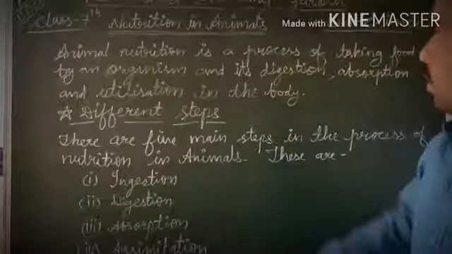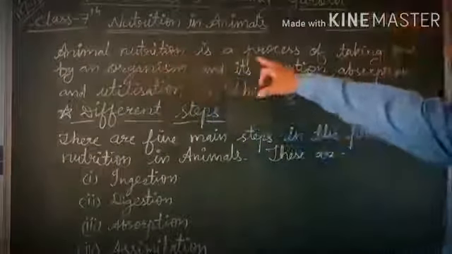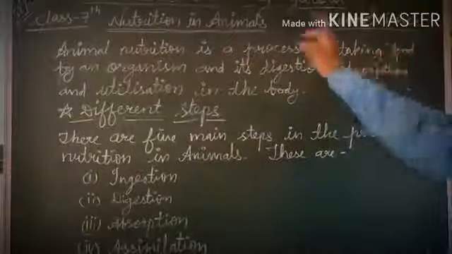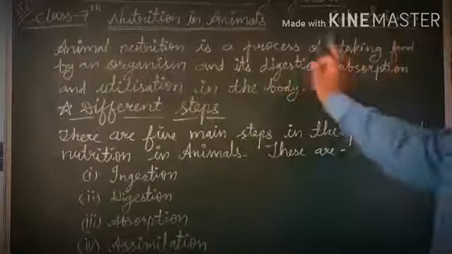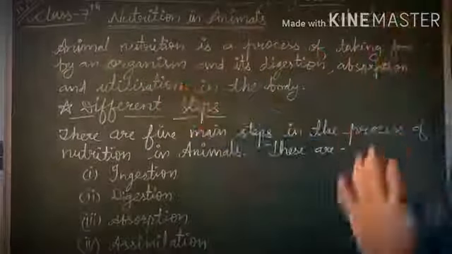Animal nutrition is a process of taking food by an organism and its digestion, absorption and utilization in the body.